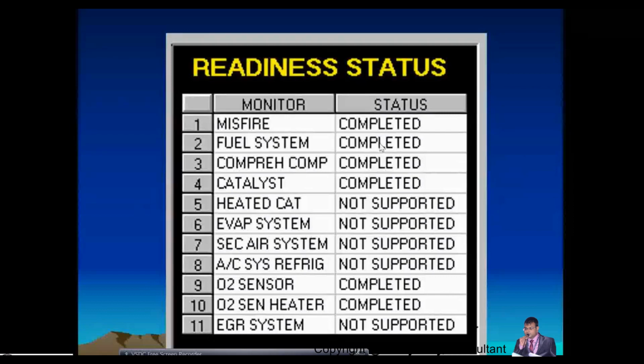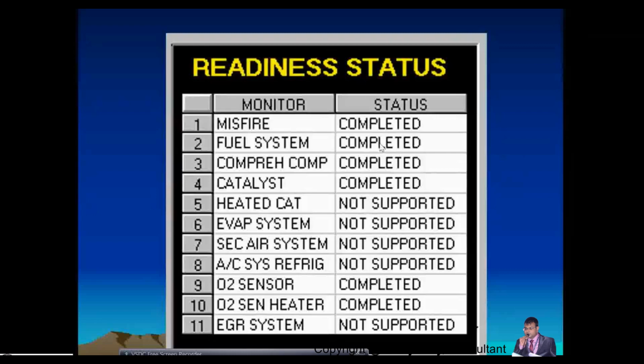It will give you an alarm with respect to the catalyst performance because the catalyst is very important for oxidation and reduction, which in turn helps reduce the emission of carbon monoxide, hydrocarbon, and nitrogen oxide.